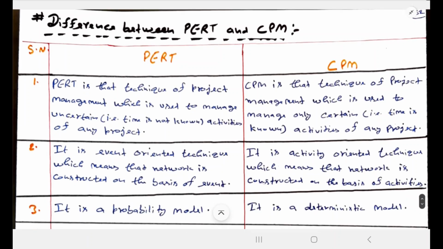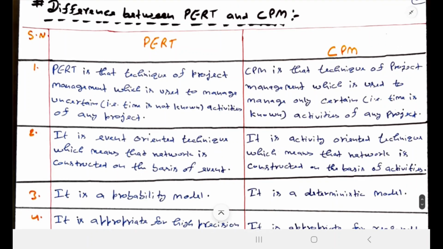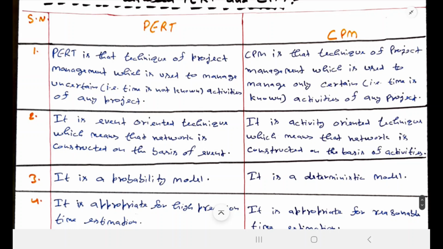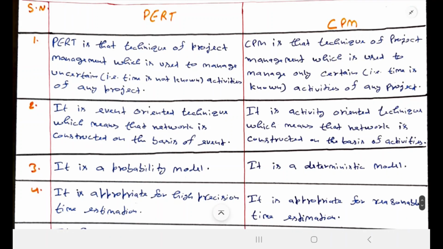Now you have seen that in the PERT diagram and the CPM diagram, we have created some common things. Then what are the differences between these two? Now we will check the differences between PERT and CPM. Number one, PERT is that technique of project management which is used to manage uncertain activities of any project, that is, time is not known.